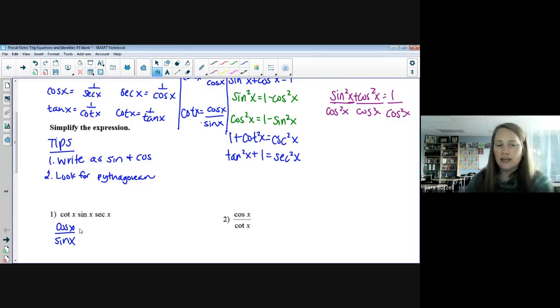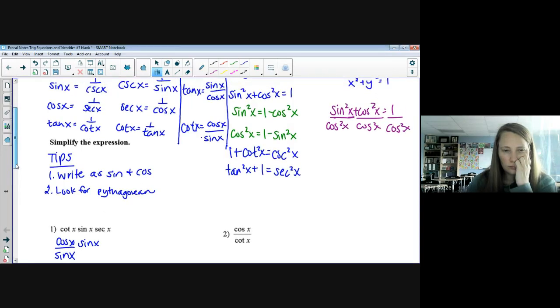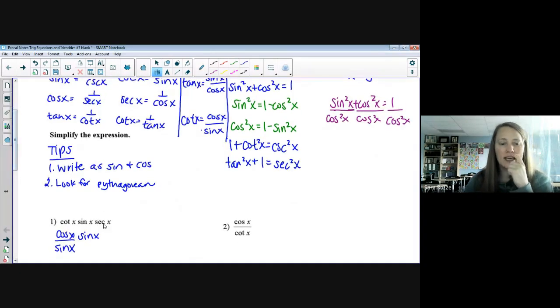Sine is already sine or cosine, so I'm going to leave it. And then secant, what could we write secant as? Look and see what secant equals. 1 over cosine.